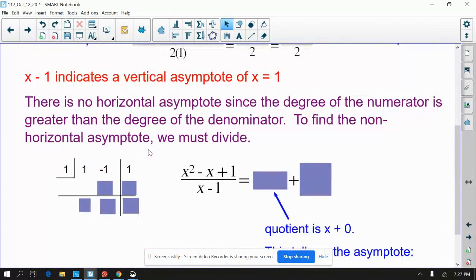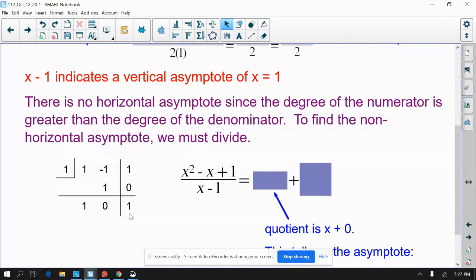Now, how do you find the slant asymptote again? We would have to divide. Luckily, we're dividing by a linear divisor, so I get to use synthetic division. So I put the 0 of the divisor right here. 1 makes x minus 1, 0. And these 3 are the coefficients of my polynomial. And I start the chain reaction by dropping down that 1, multiply, and then I add to get 0, multiply, I get 0, add, I get 1.